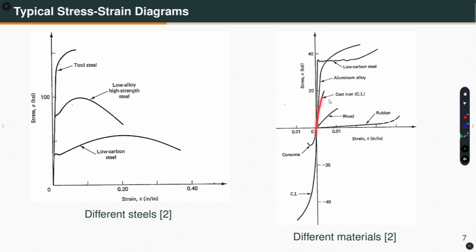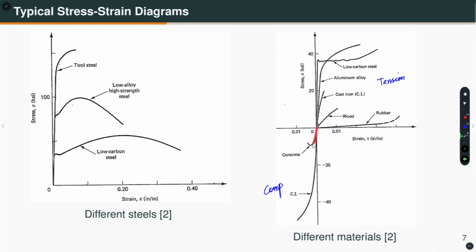For cast iron, this top is for tension and this is for compression. As you can see, cast iron shows very different behavior in tension and compression. Whereas for concrete, well, concrete is very weak in tension.